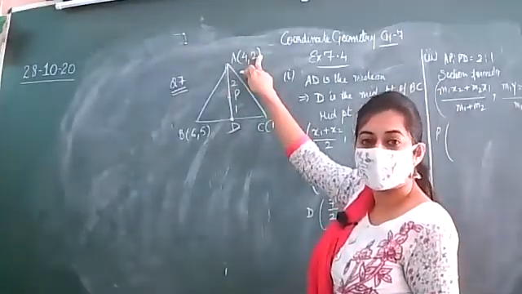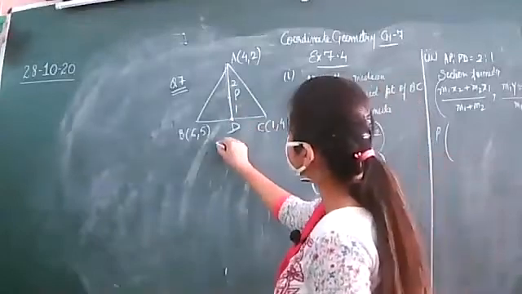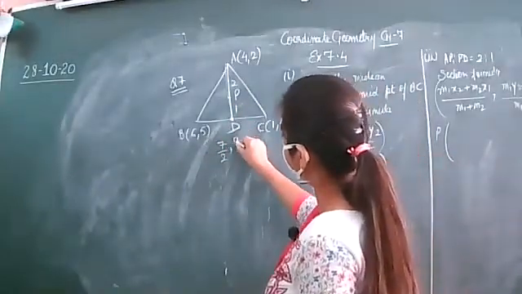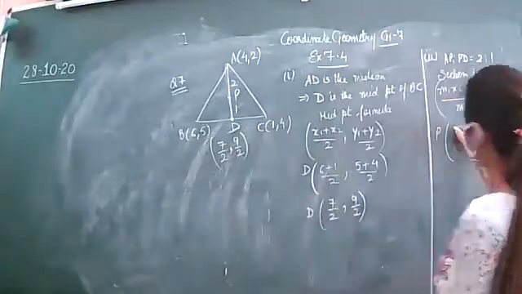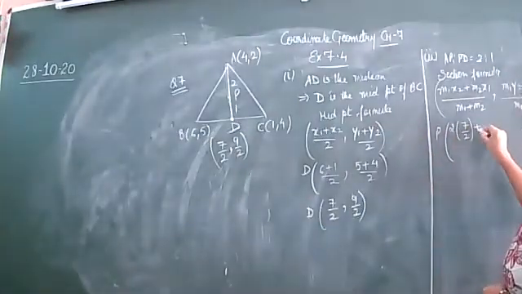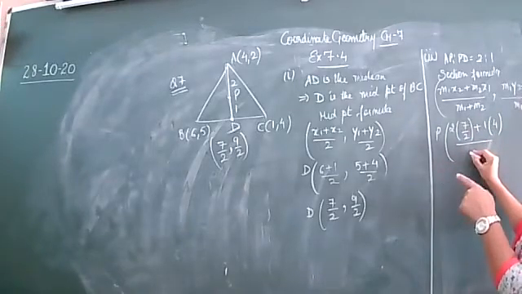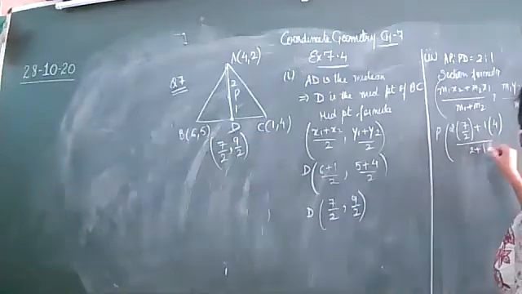Here A is your x1 y1, D is your x2 y2, and the ratio is 2:1. Now use this formula. So 2 will be multiplied with 7 by 2 plus 1 into 4, upon the sum of the ratio, m1 plus m2, so 2 plus 1.